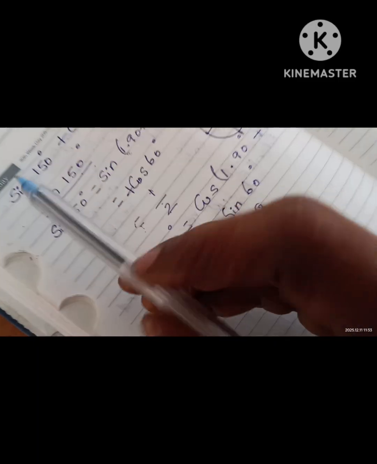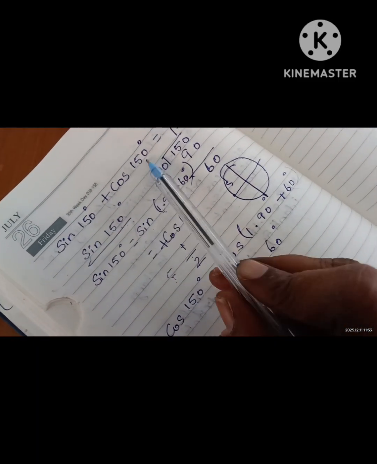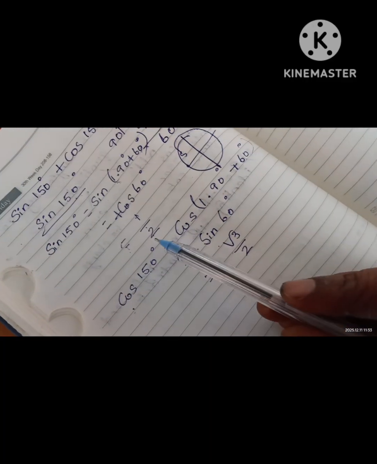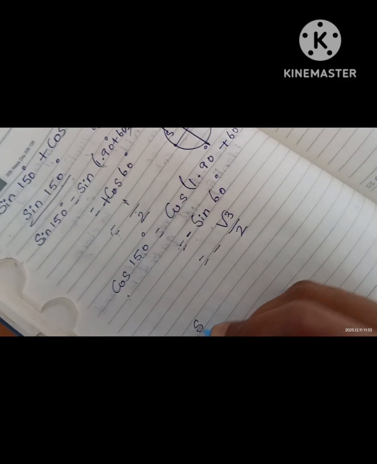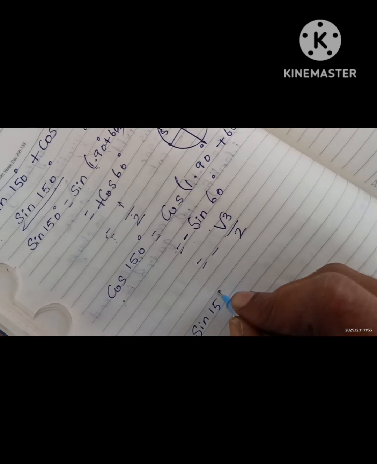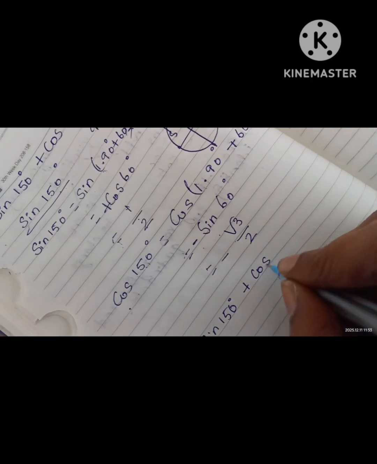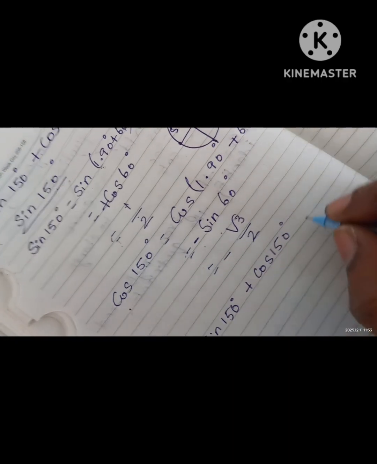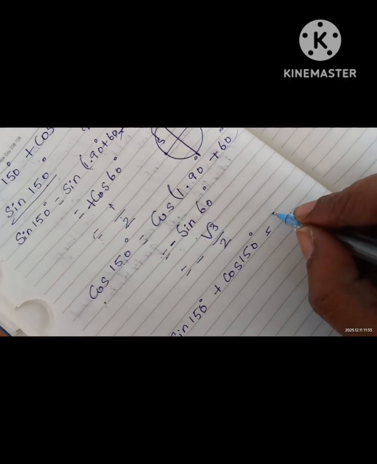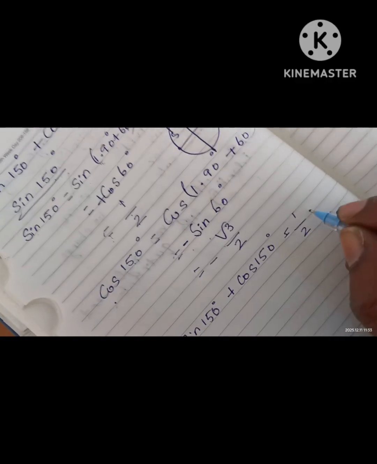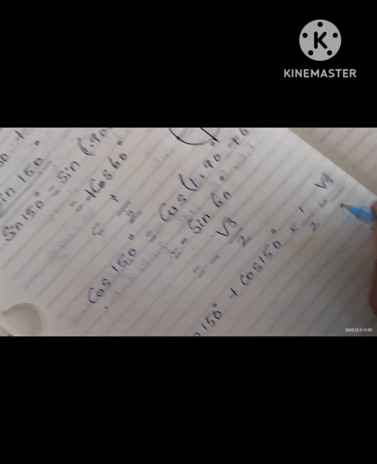Now, what is the sum? Sine 150 degree plus cos 150 degree. That means we are going to add these two. So, sine 150 degree plus cos 150 degree is equal to, what is the value of sine 150? 1 by 2. Cos 150 is minus root 3 by 2.